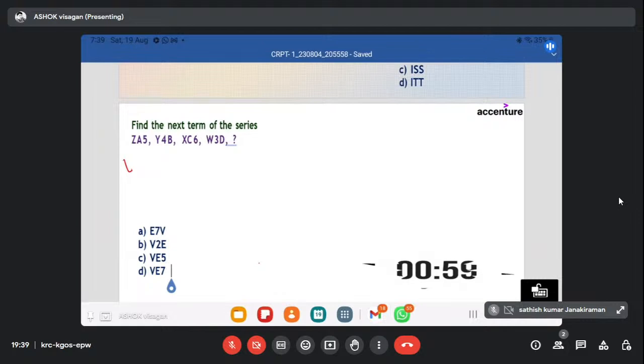What is the logic behind these numbers 4, 6, 3 and all? How is it connected? Whether we should have E5 or E7. How to find that?